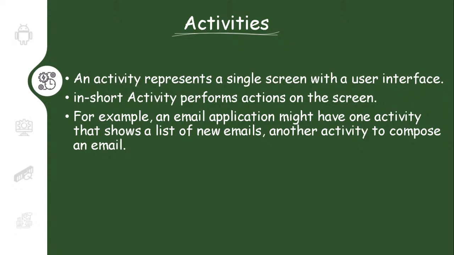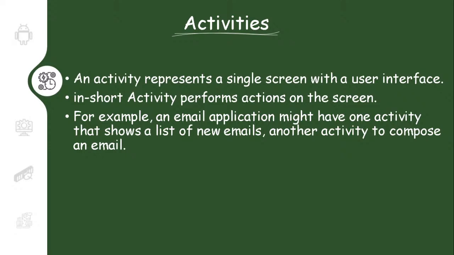For example, let's take an example of an email application which has just one activity that shows a list of emails. You can look at Gmail on your mobile phones, and whenever you open Gmail from your phone, the list of new emails is shown at the top of the list. That is an activity for emails.